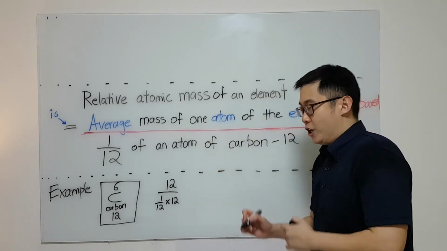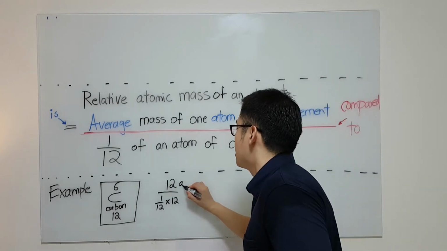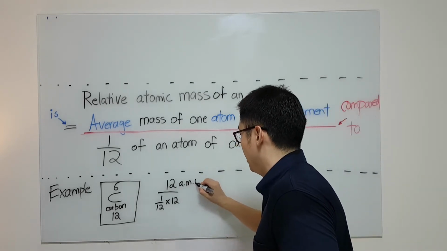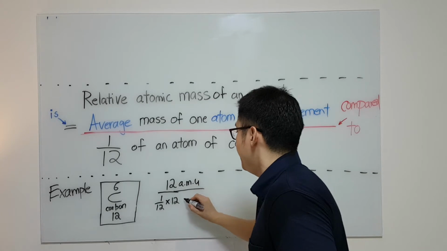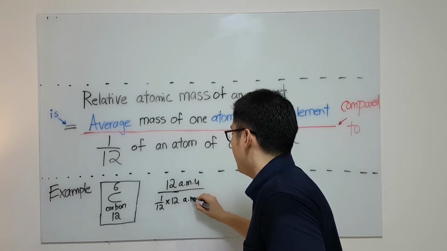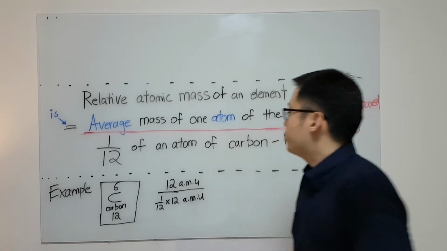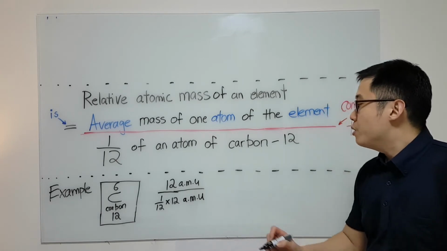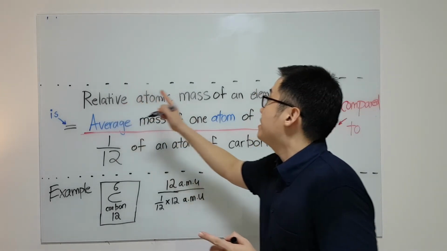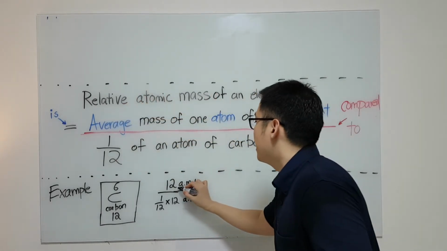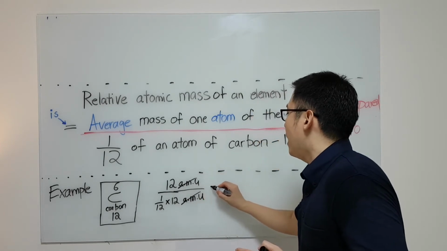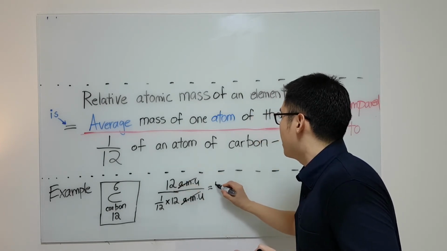The units actually is what this thing called atomic mass units. Now, this units is not very important to you now, so I'm just writing it so that you know when we want the relative atomic mass of an element, they actually cancel out, and if you work this out, this becomes 12.